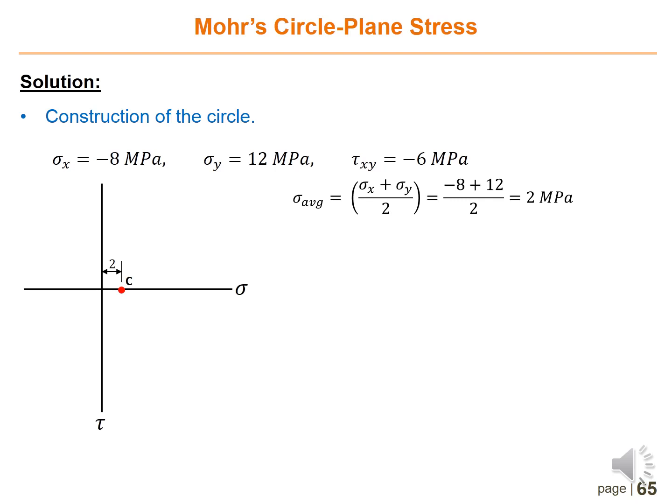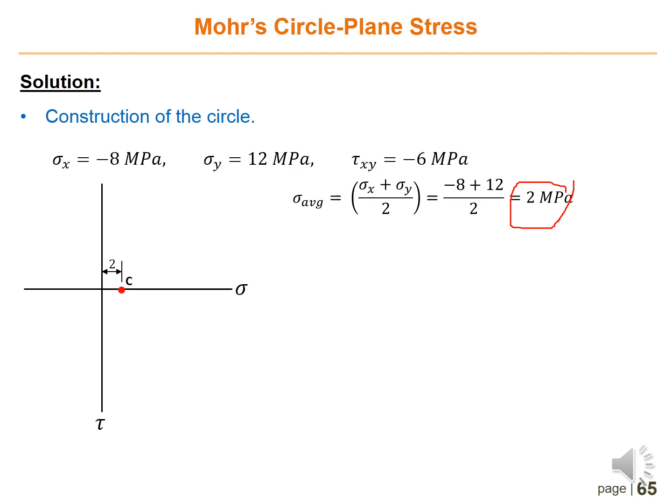And then next you can establish the axes, the horizontal axis representing sigma and the vertical axis representing tau. And you can locate point C, where the distance from the origin to point C is represented by the value of sigma average.